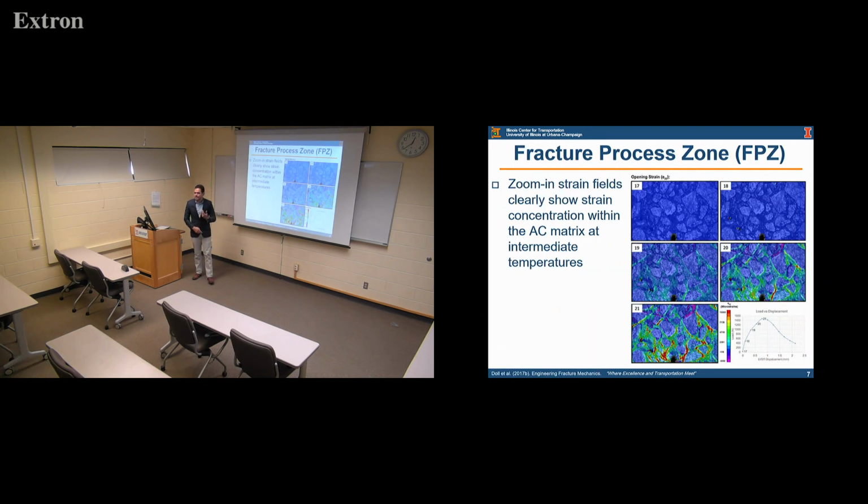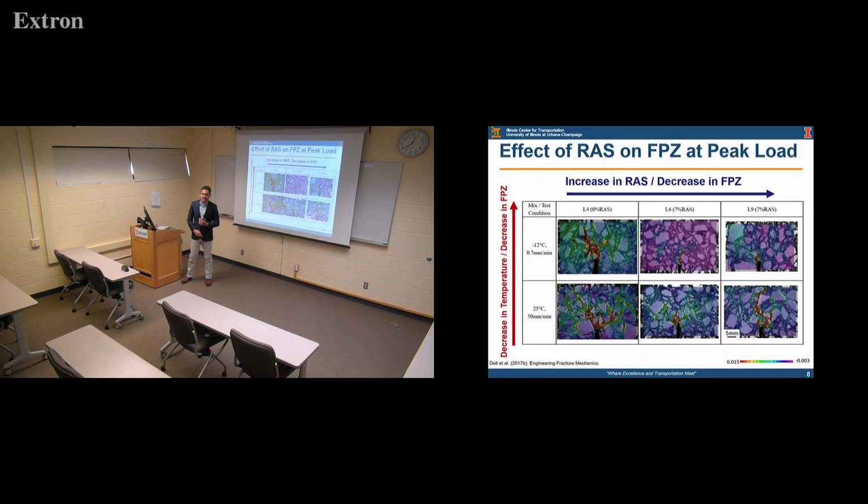We used fracture processing on many occasions in previous studies. One of them was the use of fracture processing to detect how recycled materials are affecting the behavior of the mix itself. In this study, which I'm just showing a snapshot of here, we tested several mixes where we increased the recycled content.